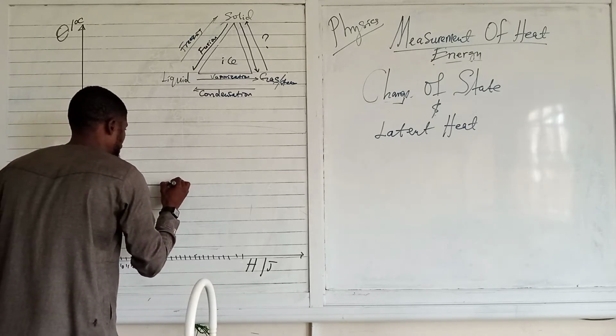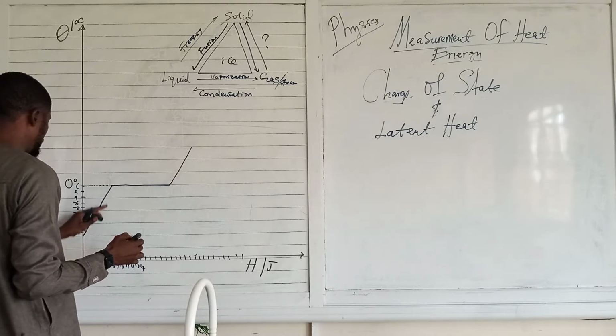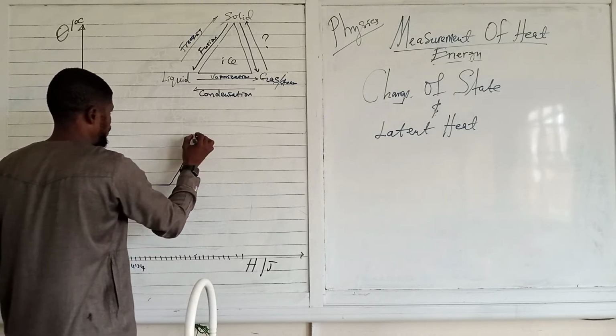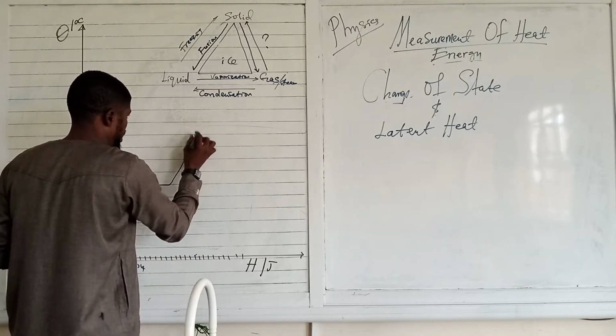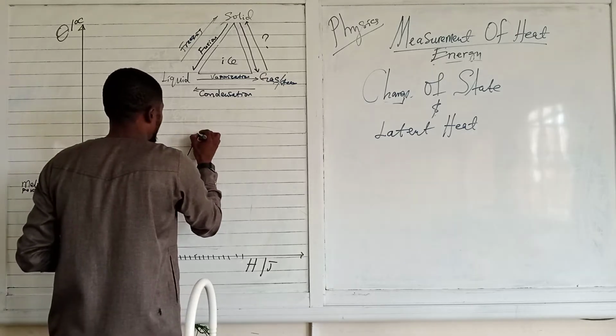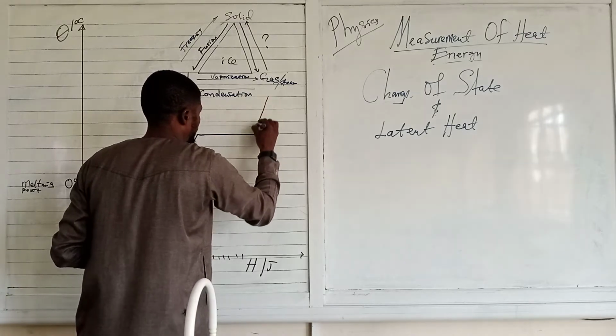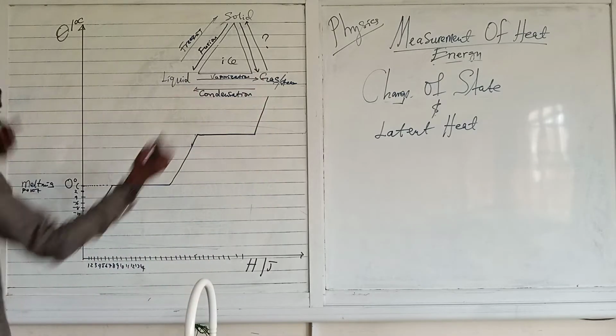Now, let me draw something like this again. And then another arrow up again. This is 1, 2, 3, 4. Another arrow here, and then another arrow here, and then another one here. Good. So let's call these points.